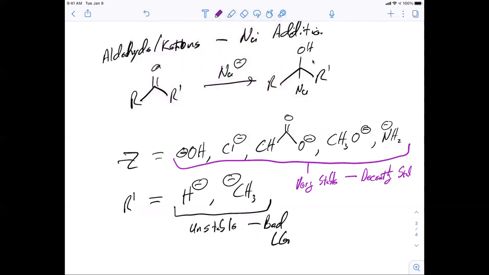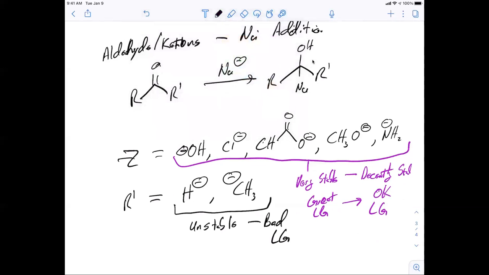That means we've got great leaving groups to okay leaving groups. So with carboxylic acid derivatives, now we have possible leaving groups. That's why we get substitution versus addition.